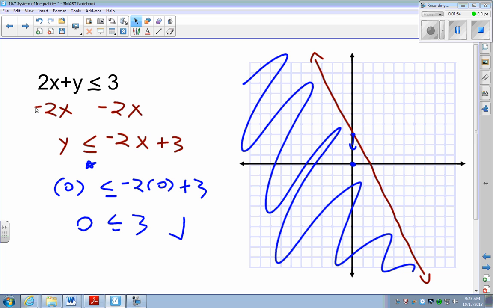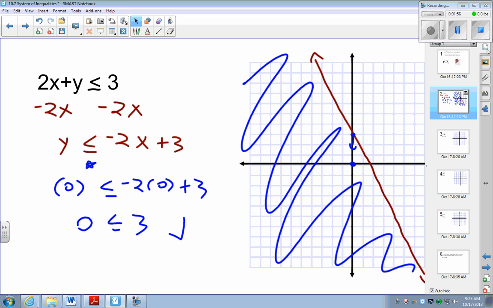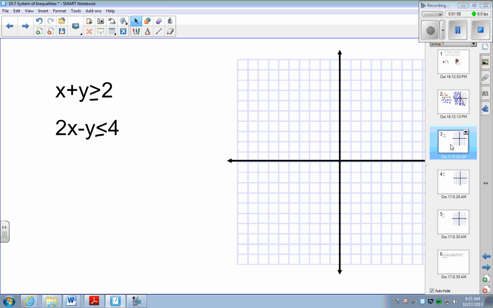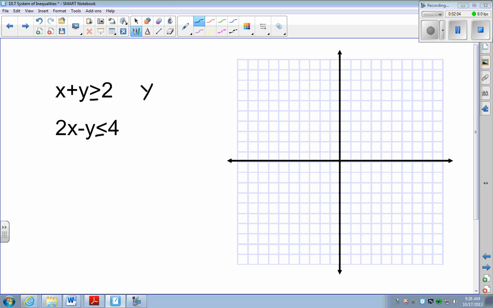Okay, so we've looked at one inequality. Let's go ahead and look at a system of inequalities. First thing we do, set y by itself. So if y is greater than or equal to -x plus 2, we'll have y is less than, oops, hold up.